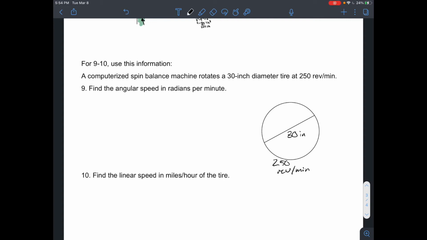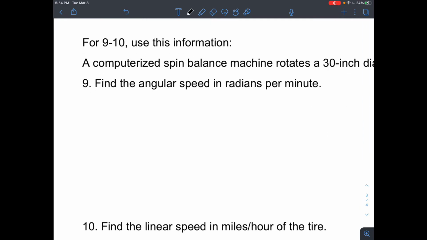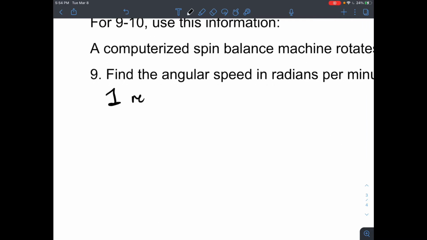So what we need to do is find what one revolution is. For 1 revolution, we go 2 pi radians, or 2 pi radians per revolution.